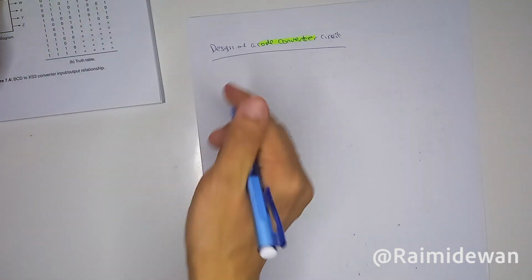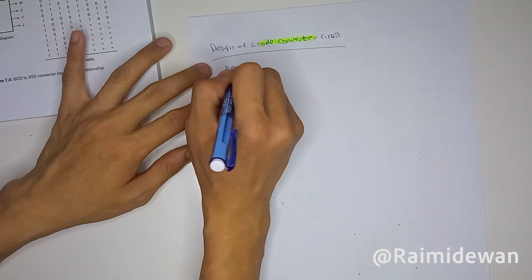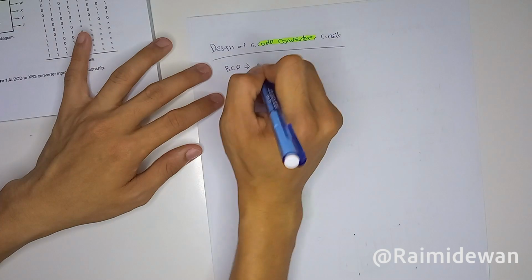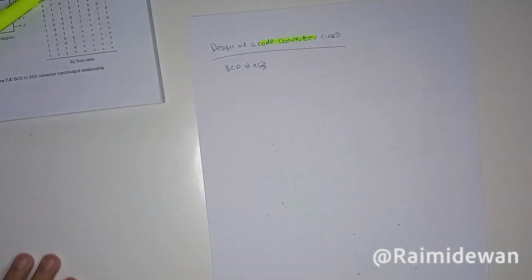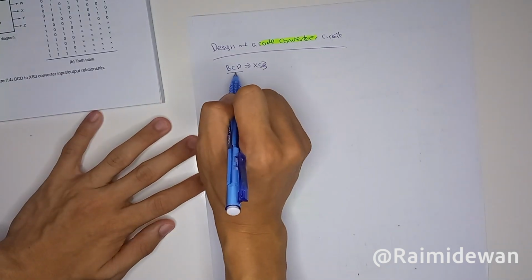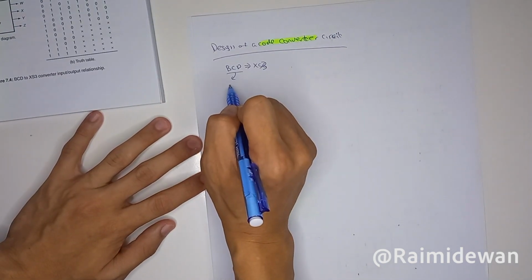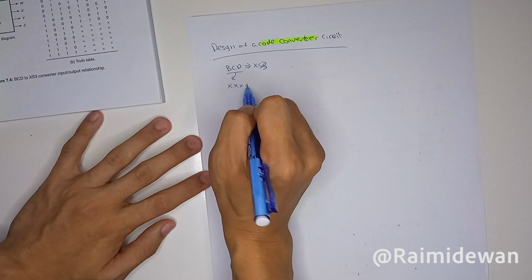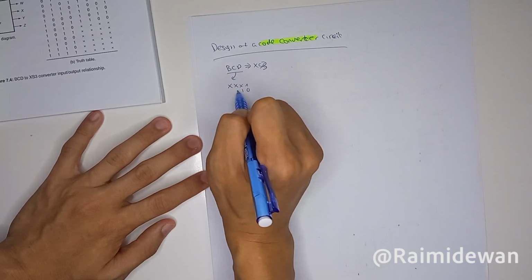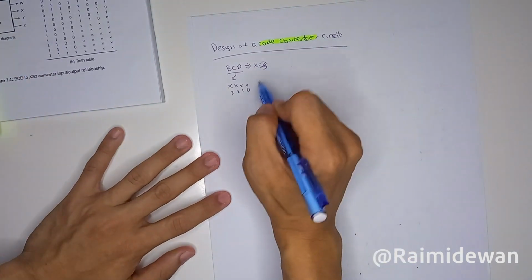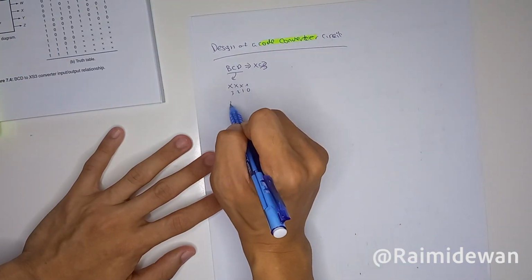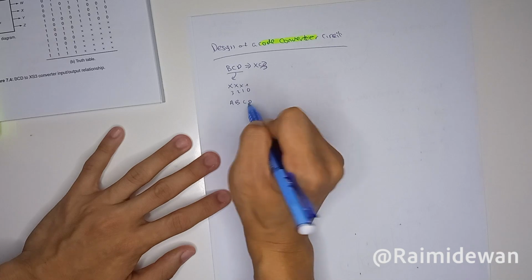For example, if we want to design a BCD to ASCII Excess-3 converter, you know BCD is actually a combination of 4-bit code, 4 bit. Therefore our circuit should have 4 input variables, which are A, B, C and D.